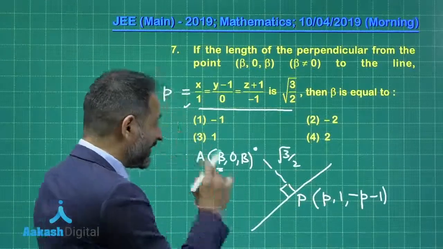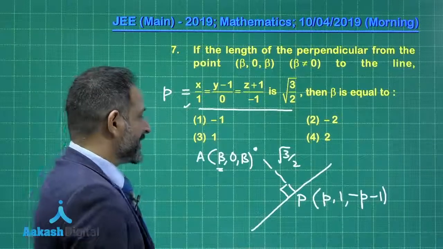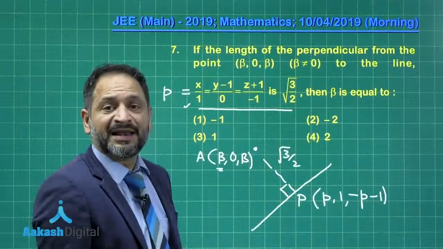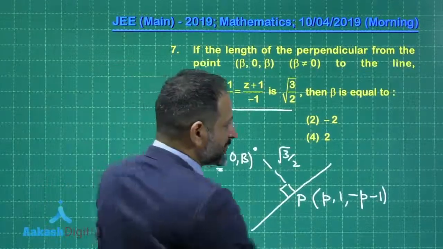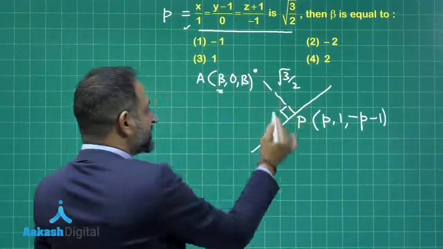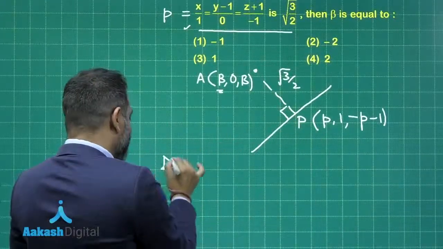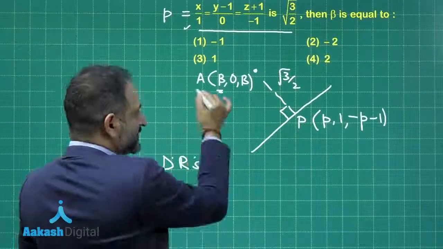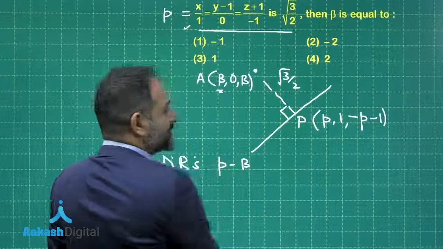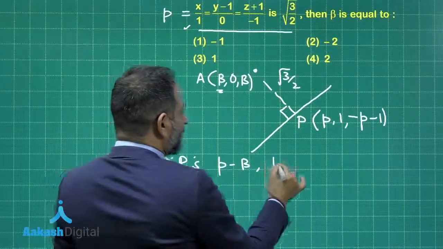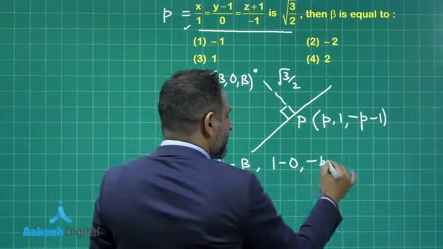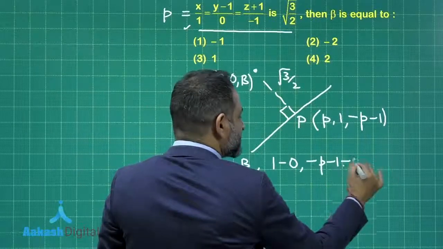So, definitely we will calculate the dot product of AP and this line, that is the direction ratios, we need to find out here. So, what we are going to do here, we will find out the direction ratios of AP, which are P minus beta, 1 minus 0, and minus P minus 1 minus beta.